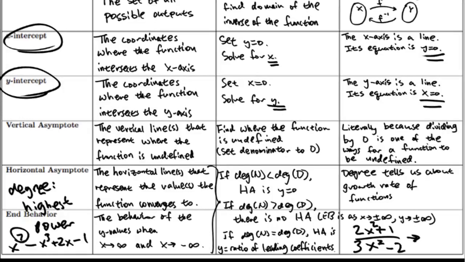So, what actually is going to happen is as we let x go toward infinity and let numbers get bigger and bigger and bigger, eventually what's only going to matter is 2 times whatever and 3 times whatever. So this is going to be going toward 2 over 3 instead.